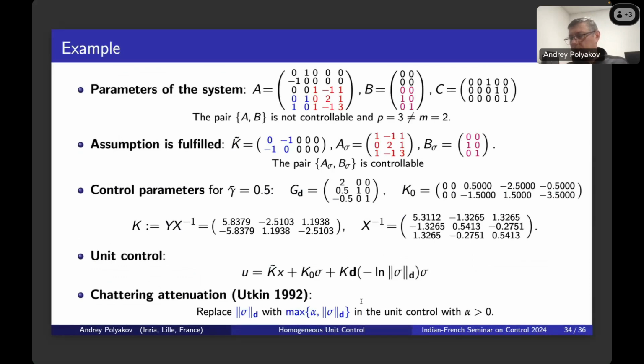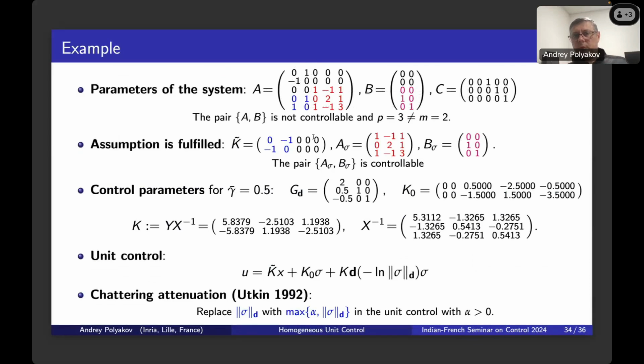Here is just a small example. I've selected some system which has two uncontrollable components. It's just a harmonic oscillator for the first two components, but these two components are not controllable, yet they affect the dynamics of the other three components.